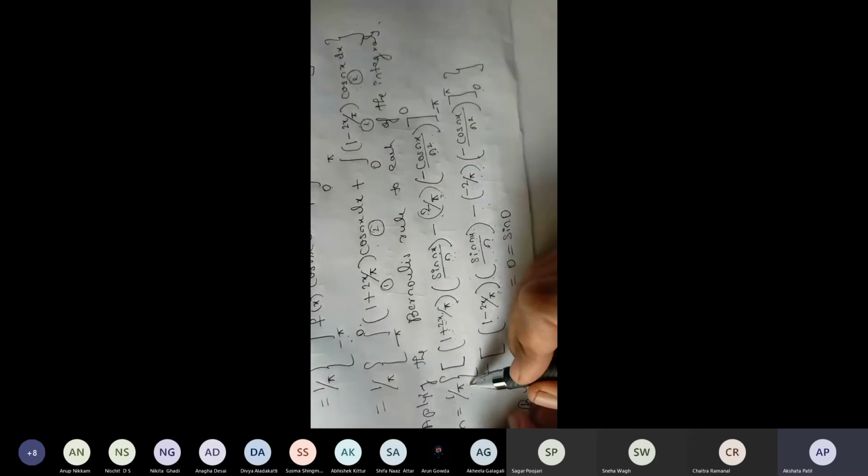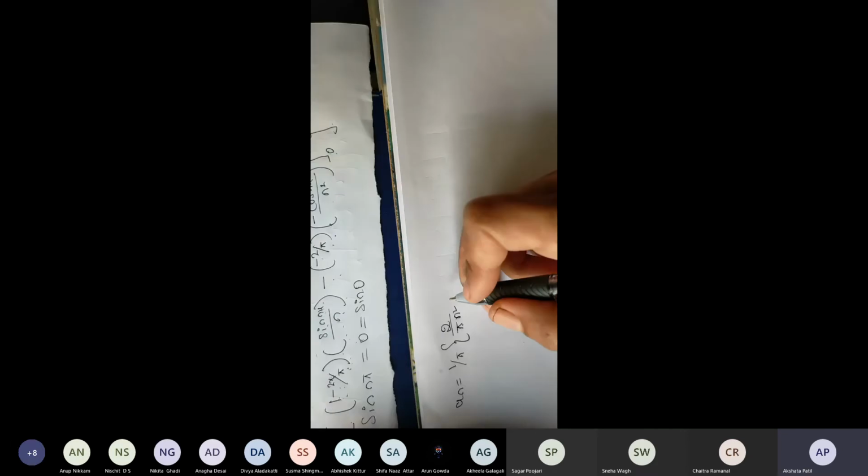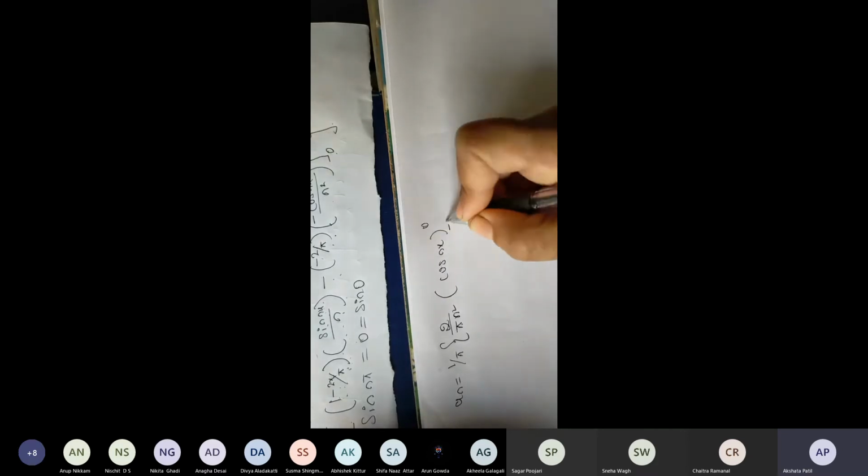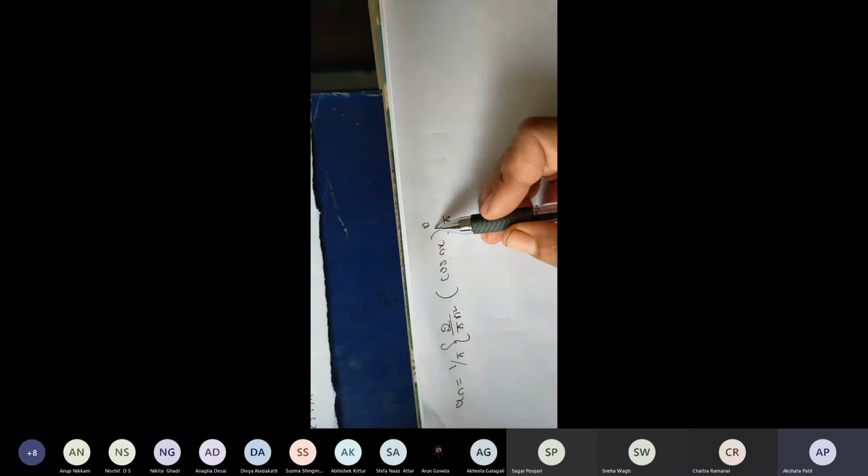So I will write it down here. 2 by pi n square, I will take it outside. Inside is cos nx from 0 to minus pi. This 2 by pi n square, minus into minus plus, so I will take it here: 2 by pi n square cos nx from 0 to 1.